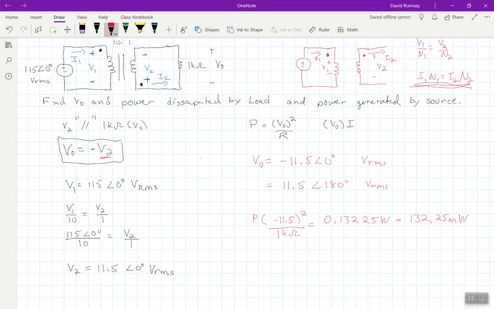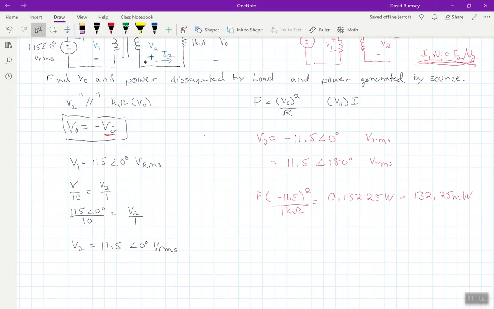But in order to do that, of course, we have to find I2. So I2, well, I2 is going into the negative side of the voltage source here. So we have that I2 would be equal to negative V out over 1 kilo ohm, because the arrow's pointing into the negative side of that resistor.